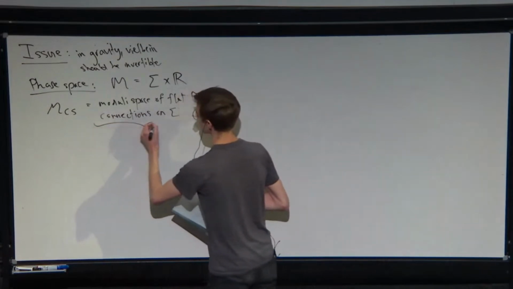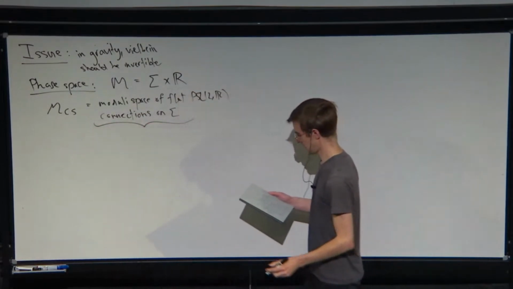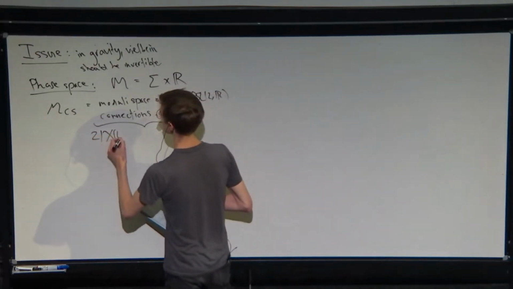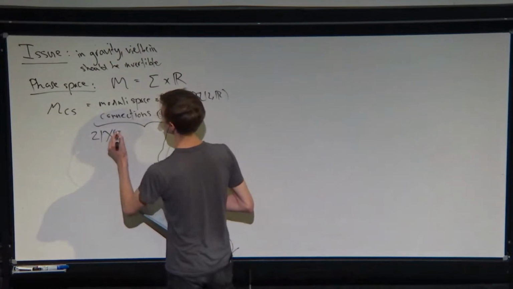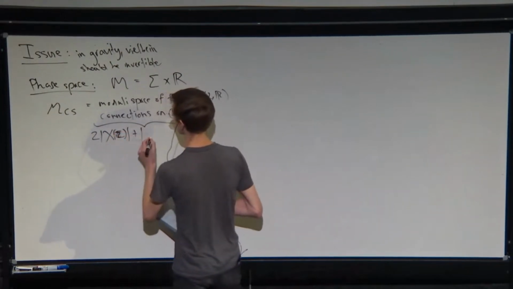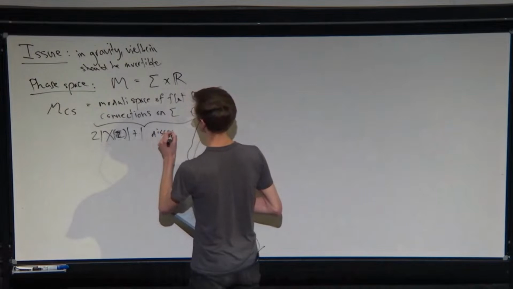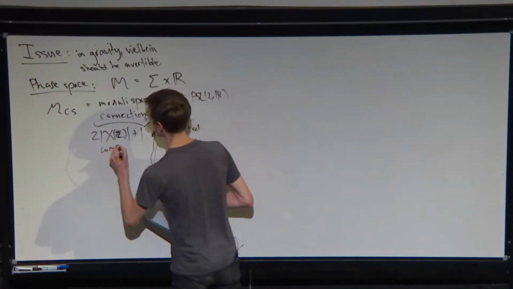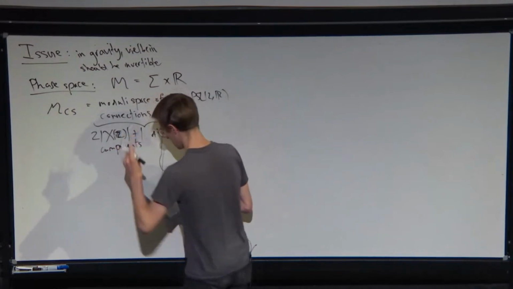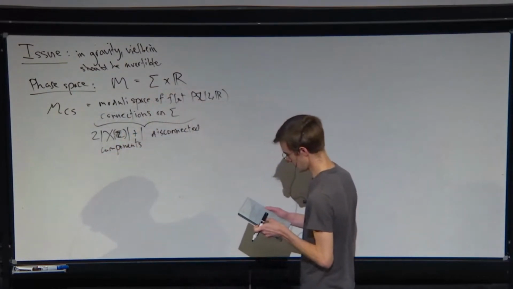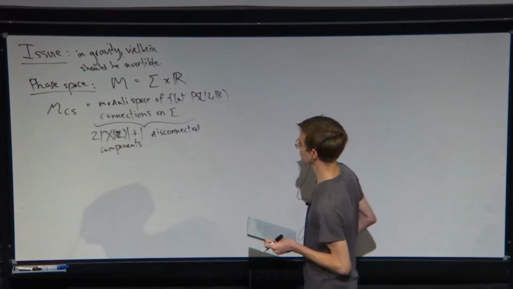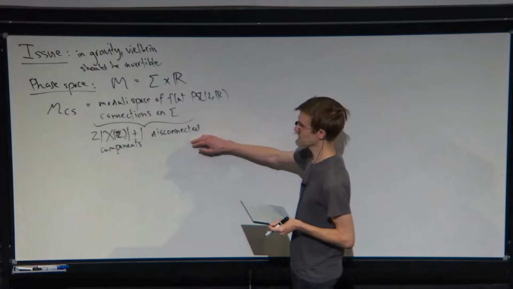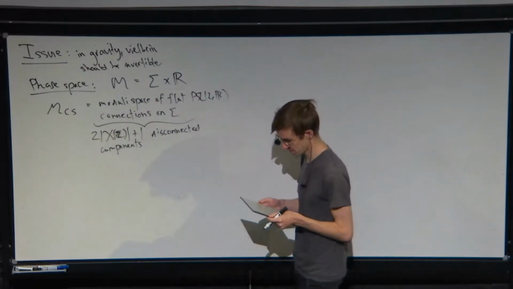And this space, as anticipated by Xi's question, is actually a disconnected space with 2 times the Euler characteristic plus 1 individual components. And indeed, most of the gauge field configurations in most of these components correspond to very singular configurations in gravity.